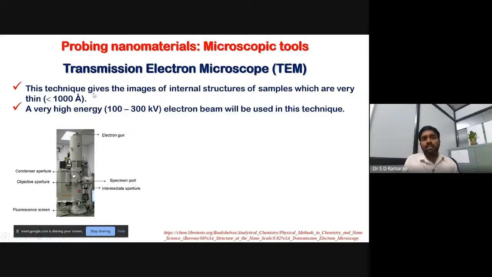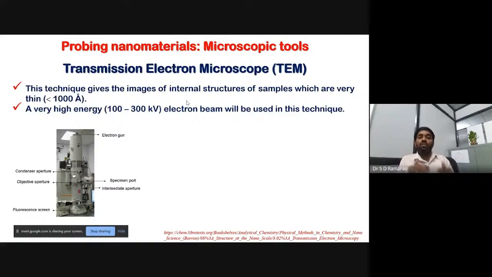This technique gives images of internal structures, and for that the main thing is that your sample should be very thin. If you take a bulk material, like normal copper foil, and put it in the electron beam, you cannot get electron diffraction, and you cannot image that particular sample.